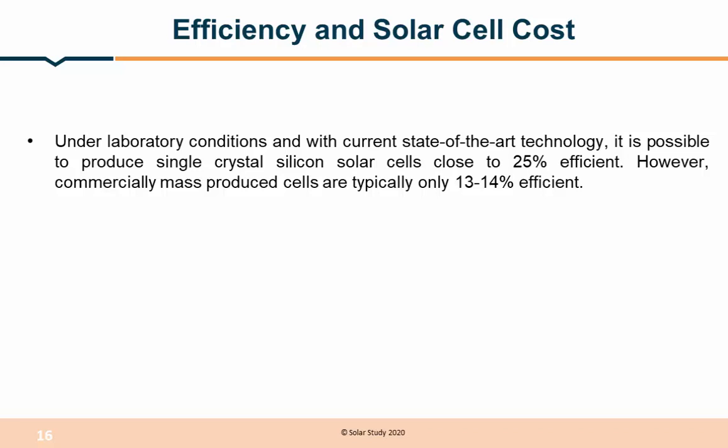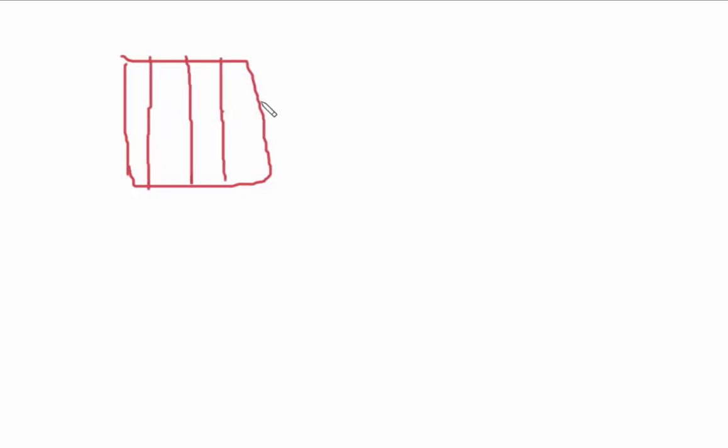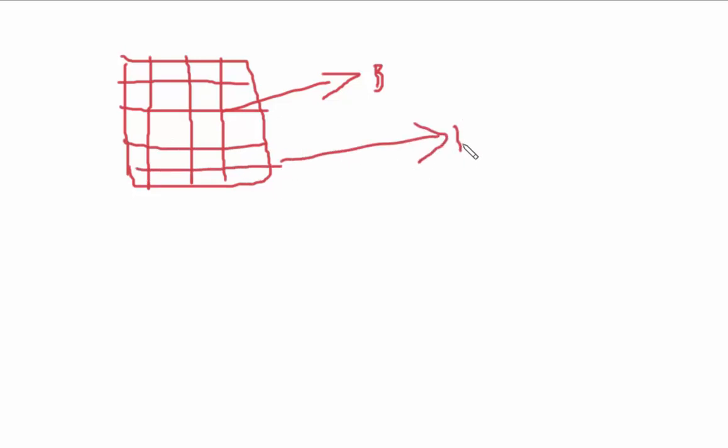Now we will discuss the efficiency of the solar cell. We can see how bus bars are placed. See, these are bus bars. Okay. The horizontal lines are called fingers.